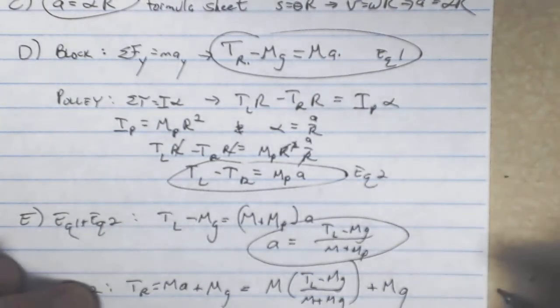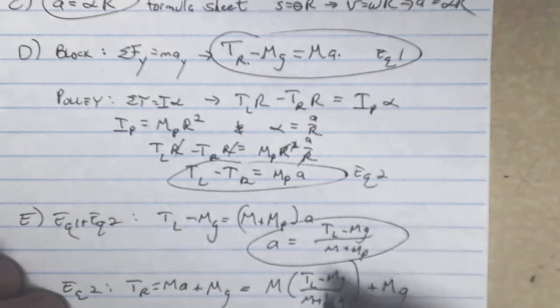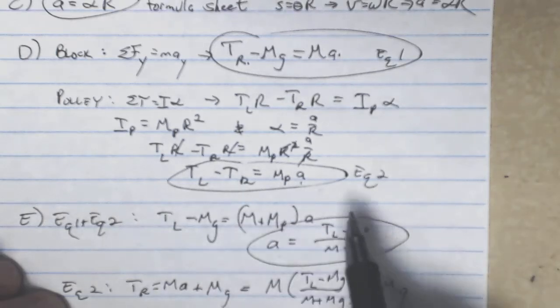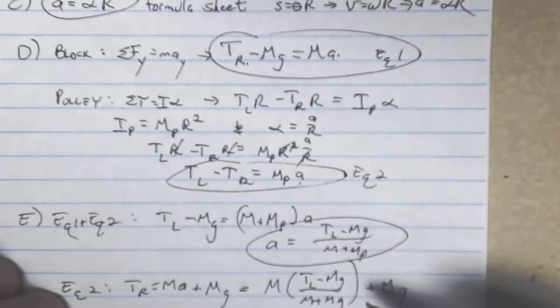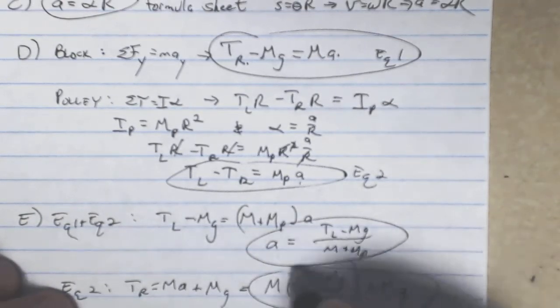And that's a reasonable answer right there. There's another thing you could do. You could substitute a into the other expression. That's how I've done it on the written solutions, because you know TL, but both expressions will end up being equivalent. So this is the tension in the right side of the string.